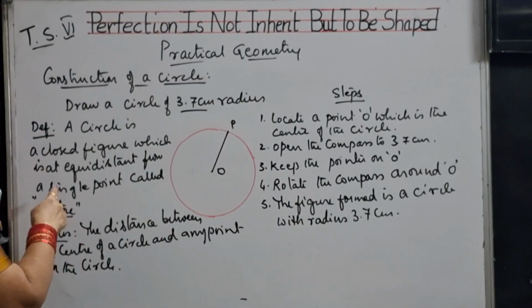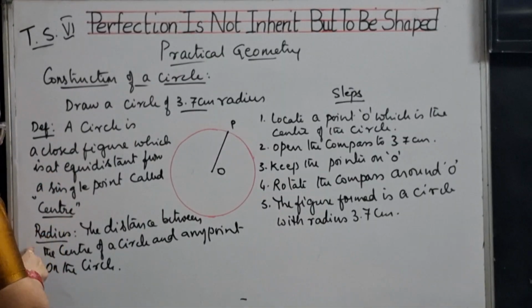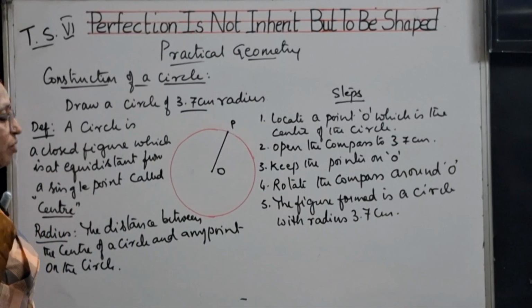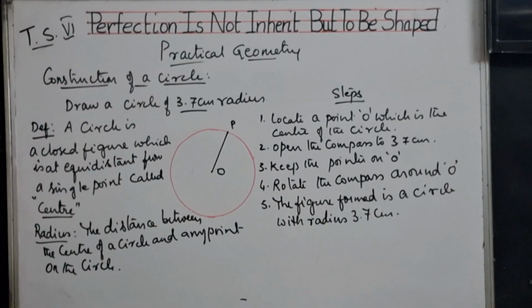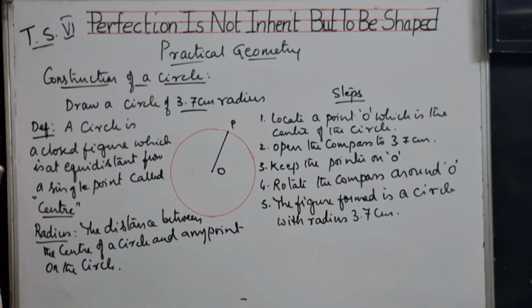The elements of a circle are center and radius. Afterwards you will be getting various problems about how to find the circumference and the area and all. In other classes you will be learning about it, but now you should have a thorough knowledge about the circle. So this is the construction, please note it down.